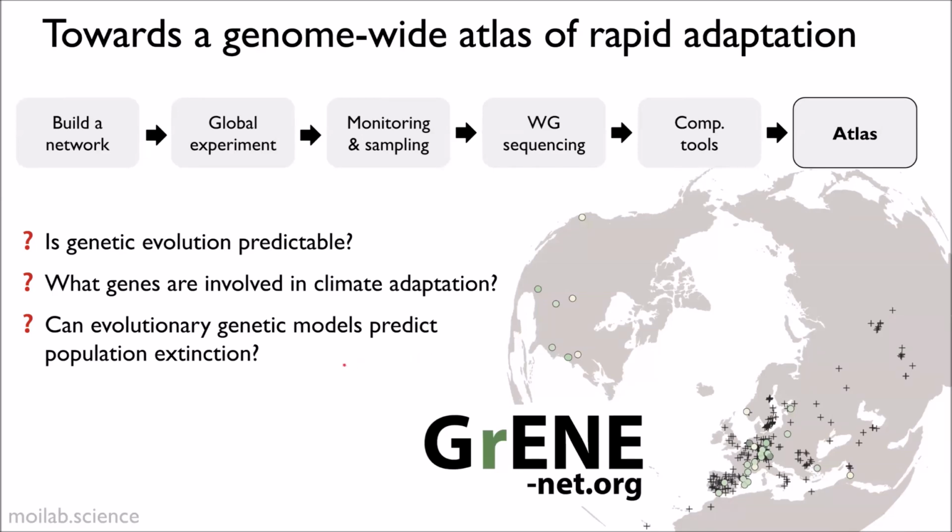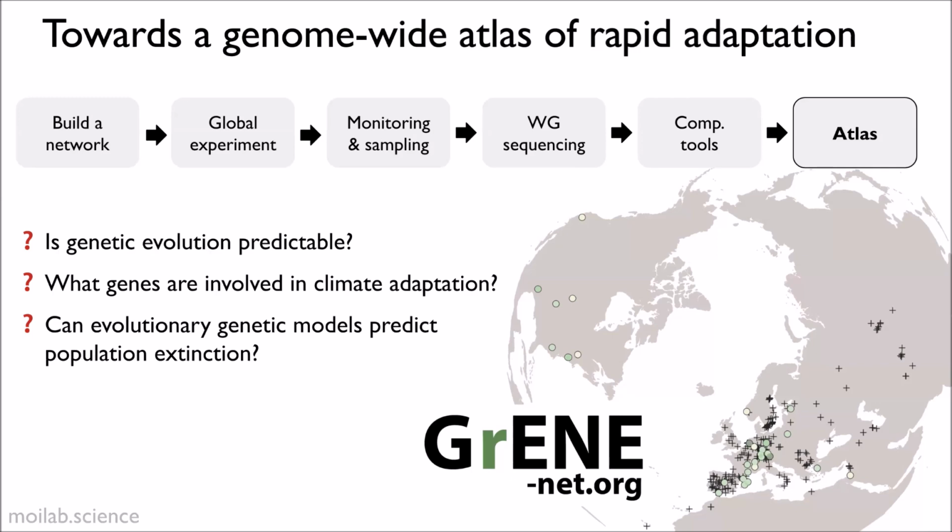And one thing that I think is a challenge for our community, the population genetic community, is understanding whether we can predict whether a population will go extinct using evolutionary models, evolutionary rescue models, which require blending evolutionary genetic processes with demographic and ecological processes and models.